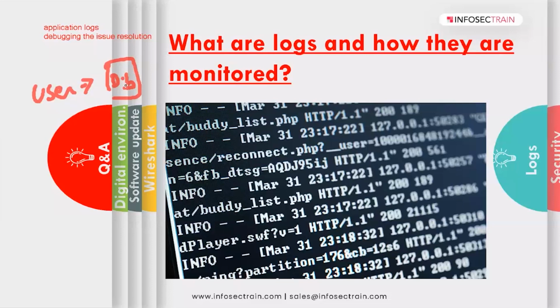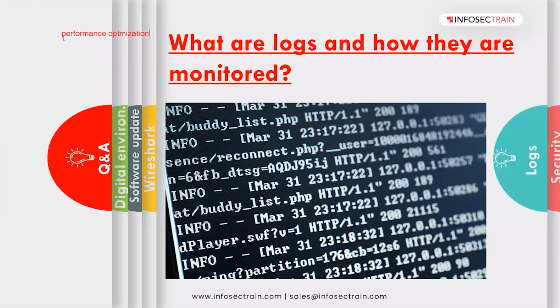Along with that, your application logs will also help in performance optimization. The application logs play a very, very crucial role in optimizing the performance of our software applications. They will provide us valuable performance metrics like your response time, memory utilization, and your network latency.